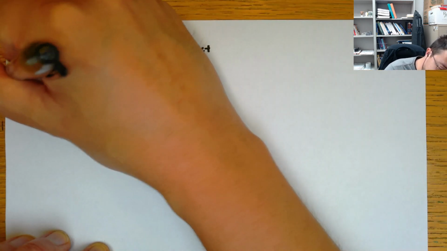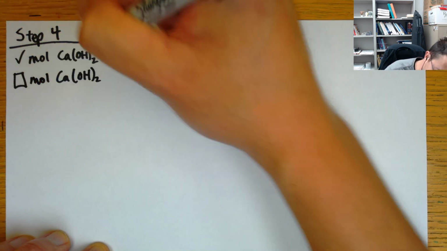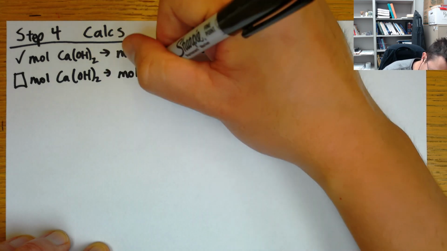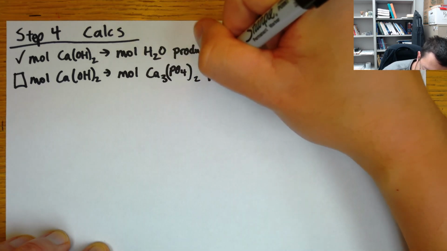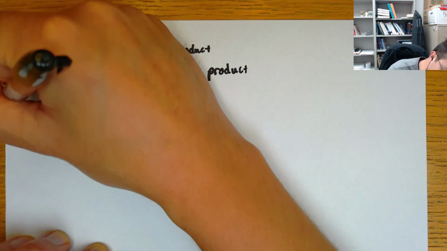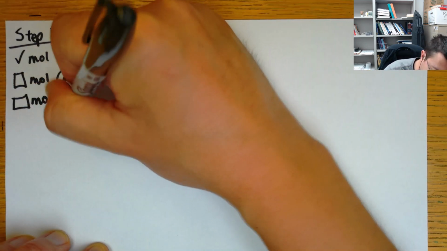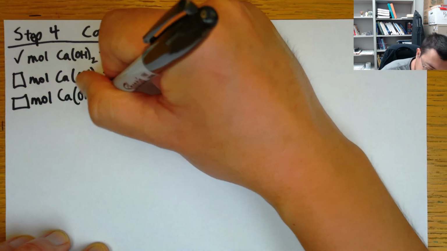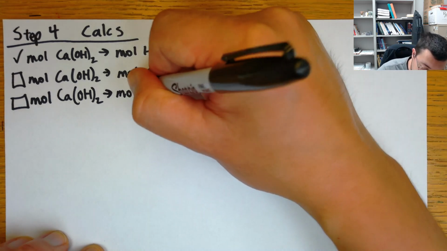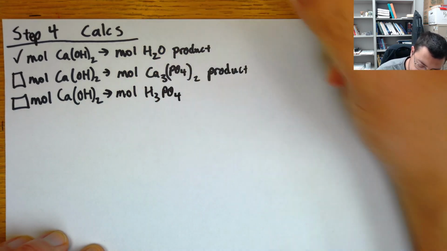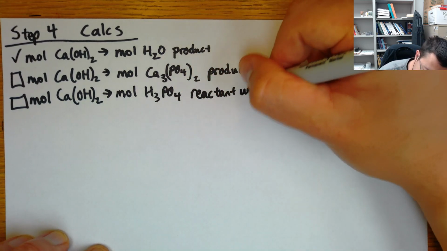Okay, we haven't done moles of calcium hydroxide into moles of calcium phosphate, also a product. And we still haven't done moles of calcium hydroxide into moles of phosphoric acid reactant used.